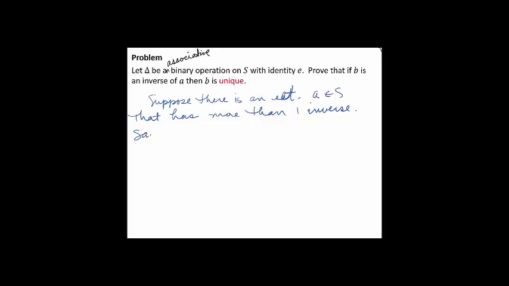Well, let's say B and B prime are inverses of A. Then let's just write down what that means. A delta B is equal to B delta A is equal to E, and A delta B prime is equal to B prime delta A is equal to E.